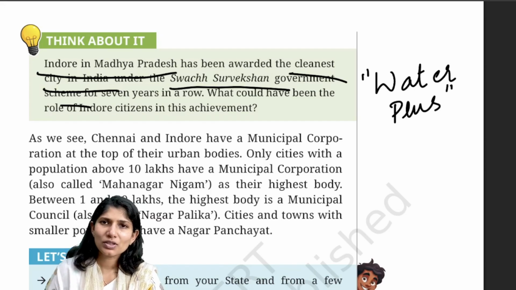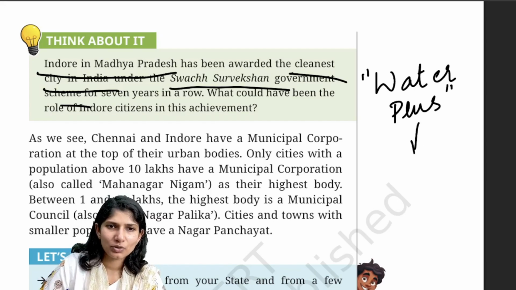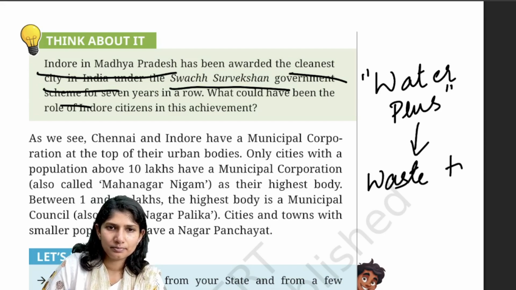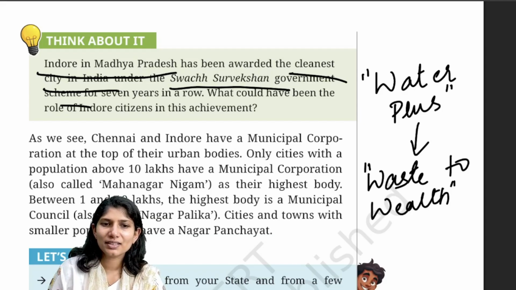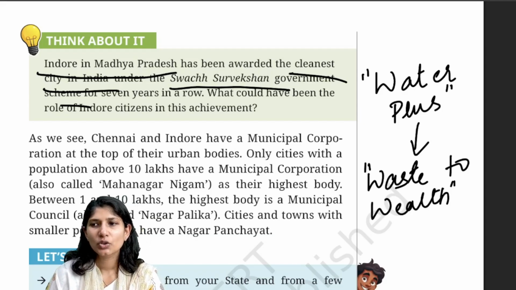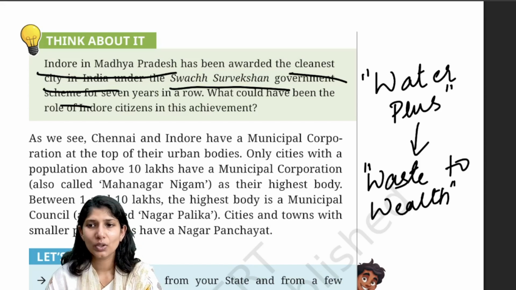And one most important aspect here you have to see is their focus is on waste to wealth. Understanding? Which means they are telling, yes, you have a good amount of waste. How are you going to convert it in a manner that will be beneficial for the city?